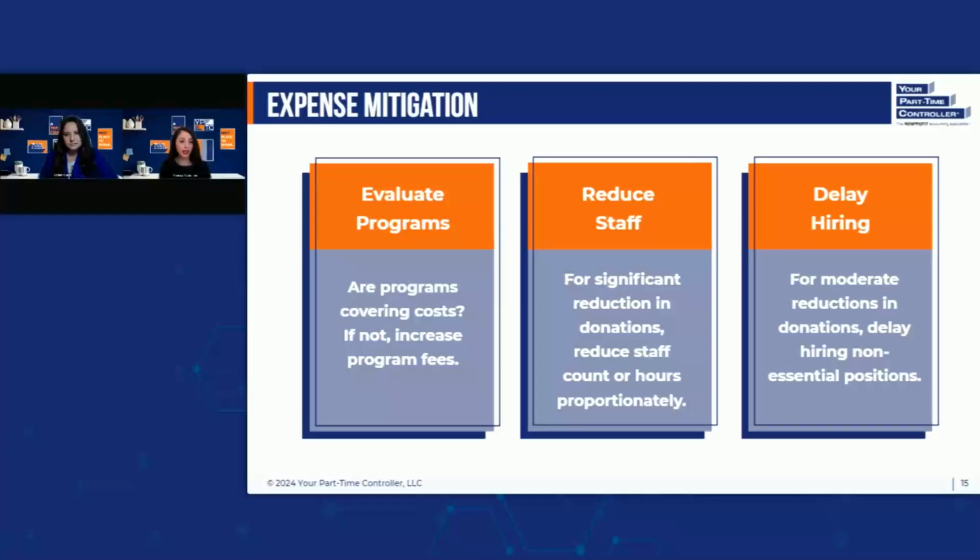The other thing that can be done is, instead of completely reducing the staff, you can reduce the hours proportionately. And for those who are not seeing as high reductions in their attendance and in their total donations, the reductions can be moderate. What that can look like is delaying hiring activities for non-essential positions, or again, reducing hours proportionately.